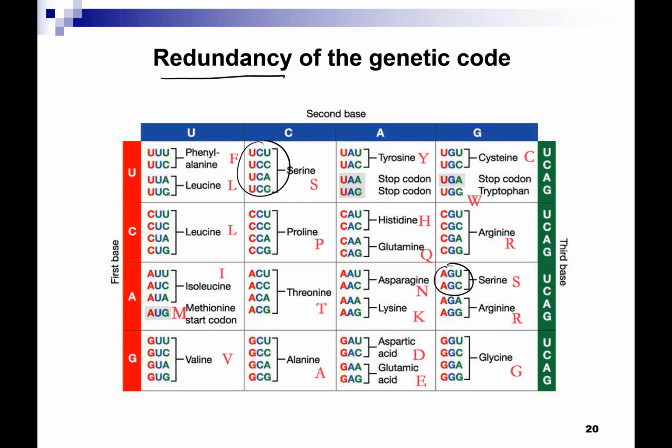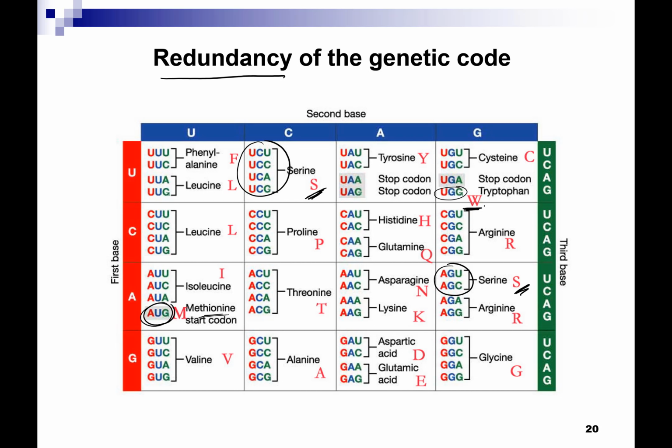So there are 6 different mRNA codon sequences that code for the one amino acid, serine. The start codon AUG that encodes for methionine only has 1. And tryptophan, represented as W, is the only other amino acid with 1 codon.